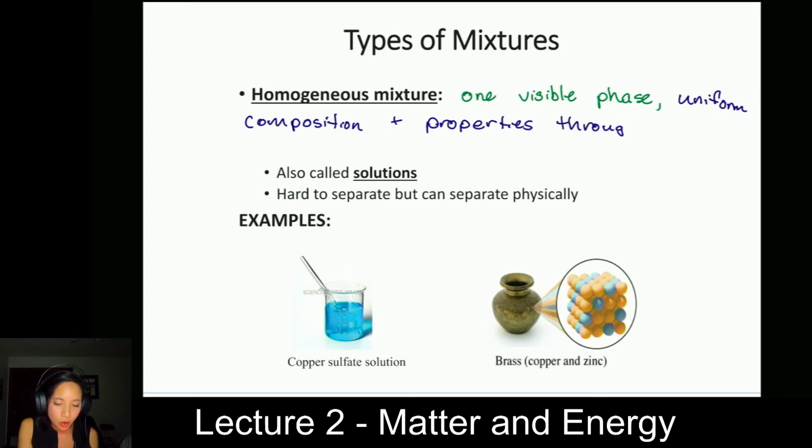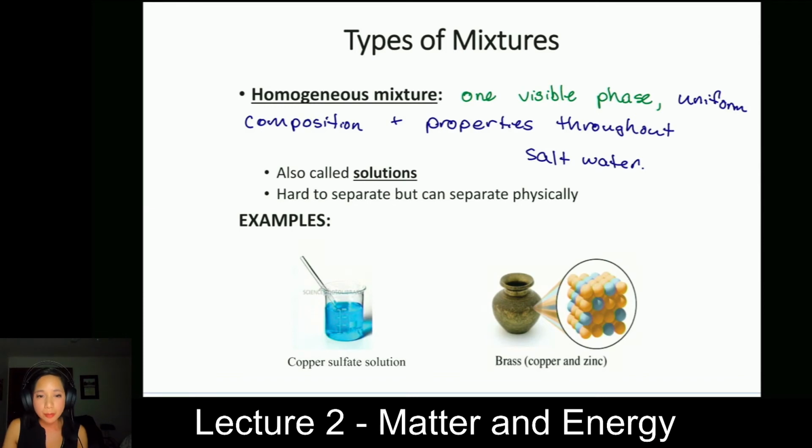So our saltwater example would be an example of a homogeneous mixture, because as long as we dissolve all of the salt in the water and we have just one saltwater solution, that would be homogeneous. As long as it looks clear throughout, that would be a homogeneous mixture. So this is also called a solution.